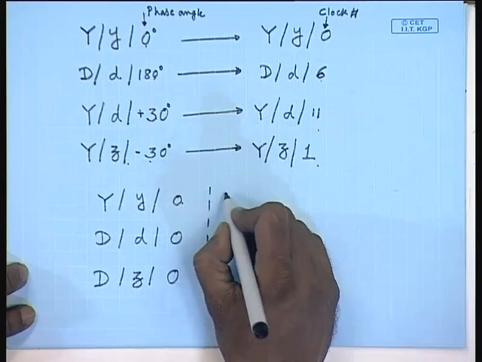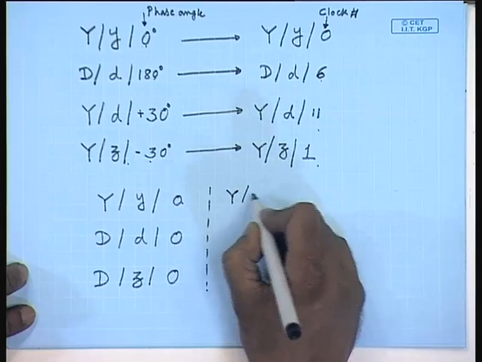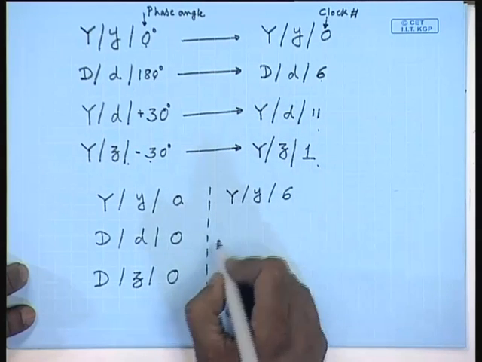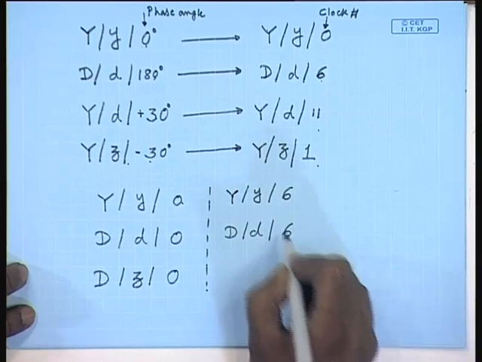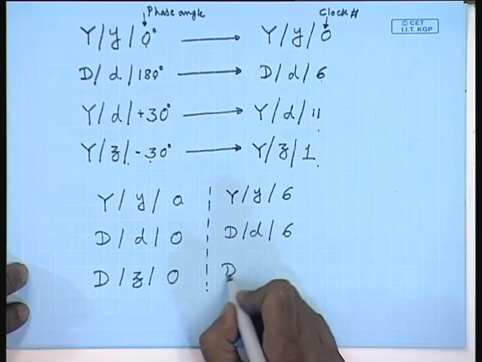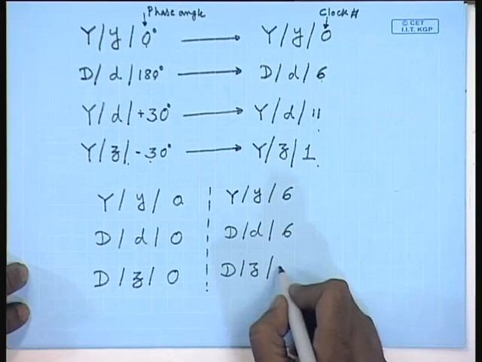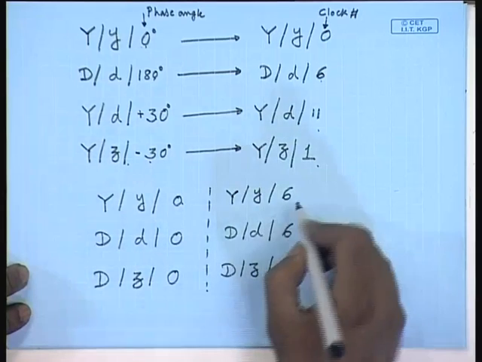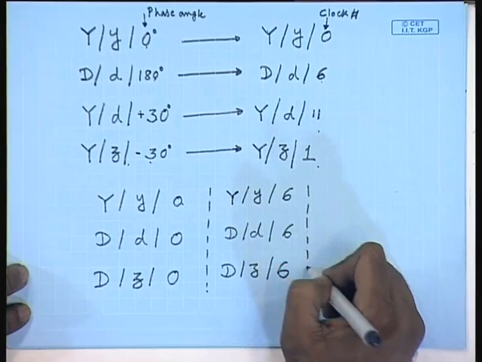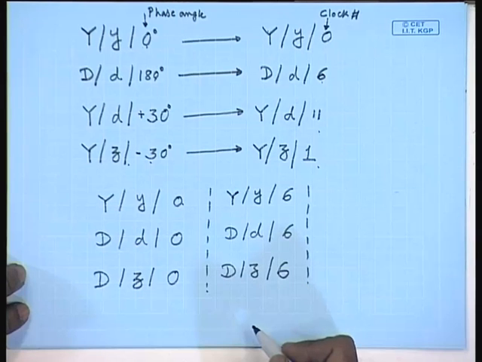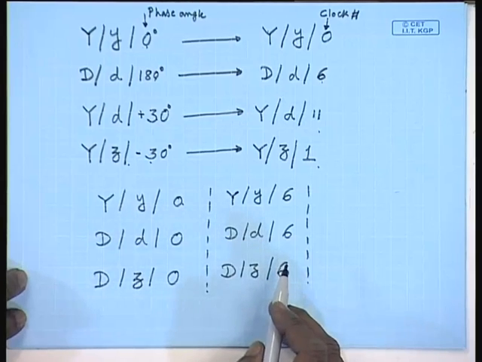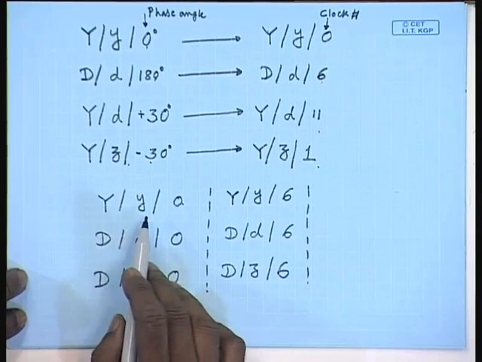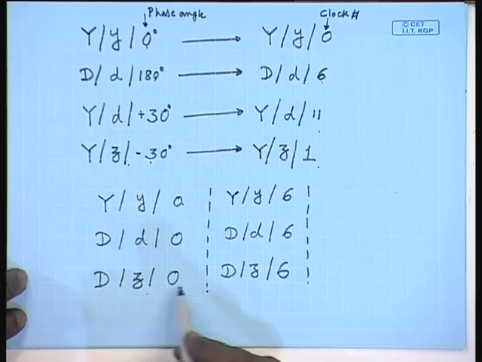We can also have Y 6, D 6 or D Z 6. However, it is interesting to note that YZ 6 or 0 is not possible.